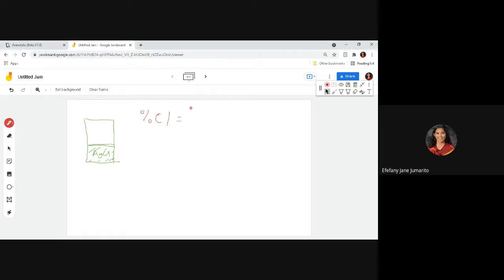is equal to the mass in grams of your AgCl, times the gravimetric factor, the atomic weight of your Cl divided by the molecular weight of your AgCl, because we're looking here for Cl, and then you divide that with the whole sample in grams.